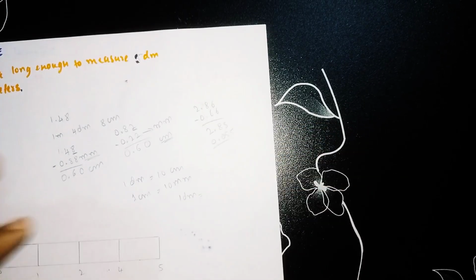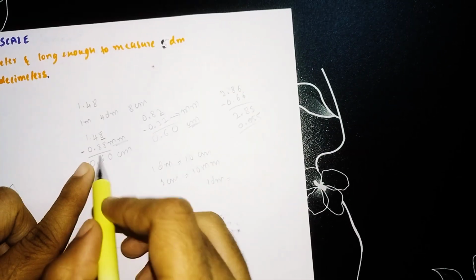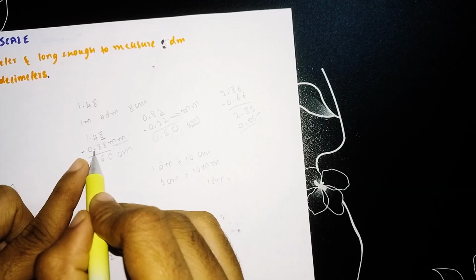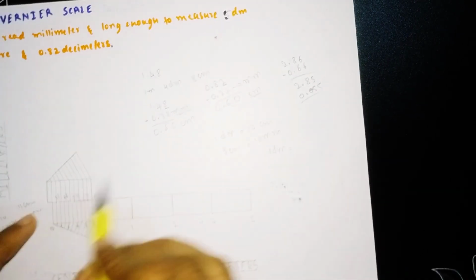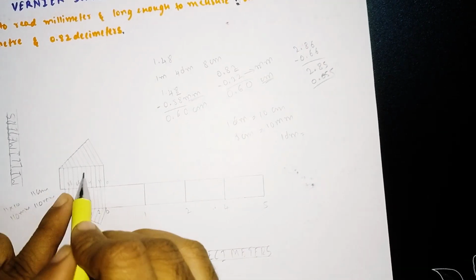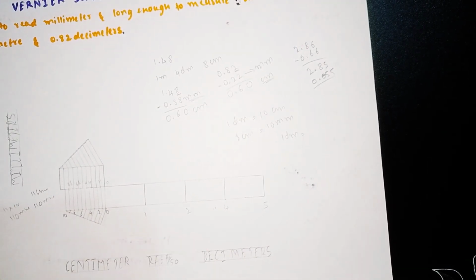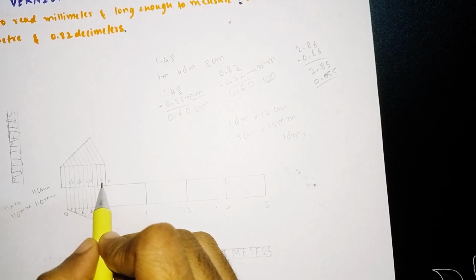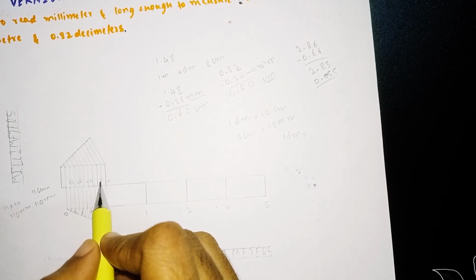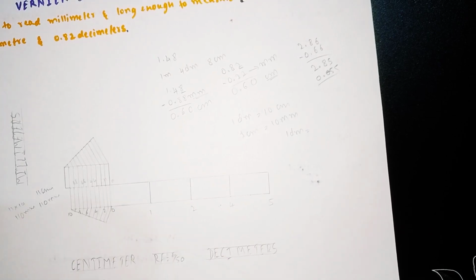In a similar way we have to subtract, and this value, 0.88, stands for the mm. For that we have to see here, because our vernier scale has the readings 0, 11, 22, 33, 44, 55, 77, 88, like that.